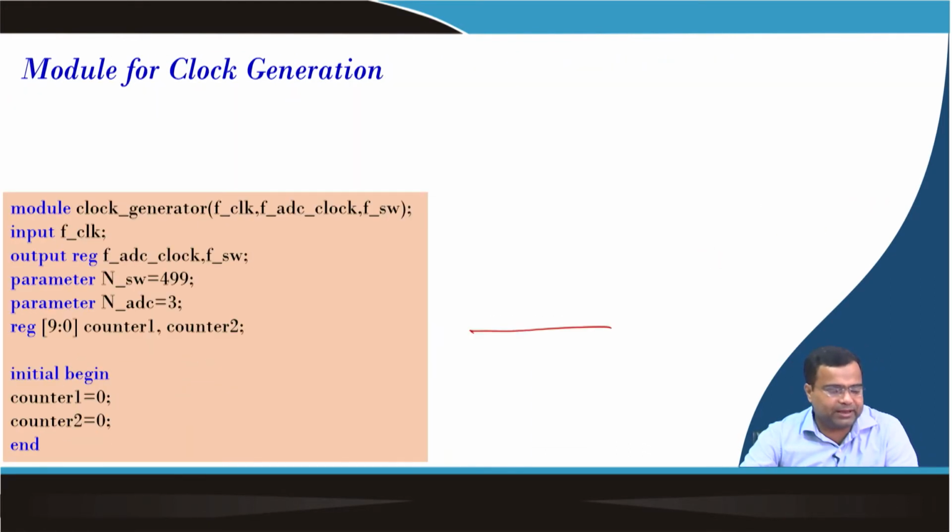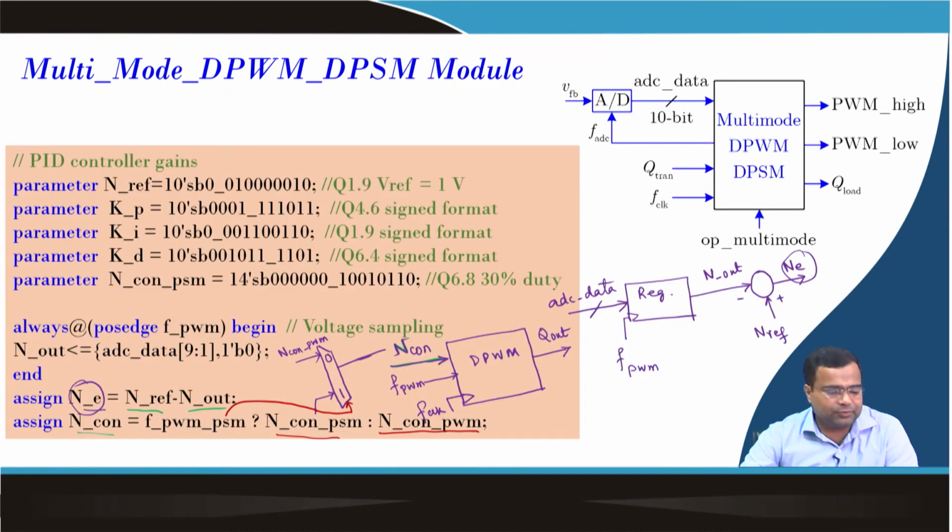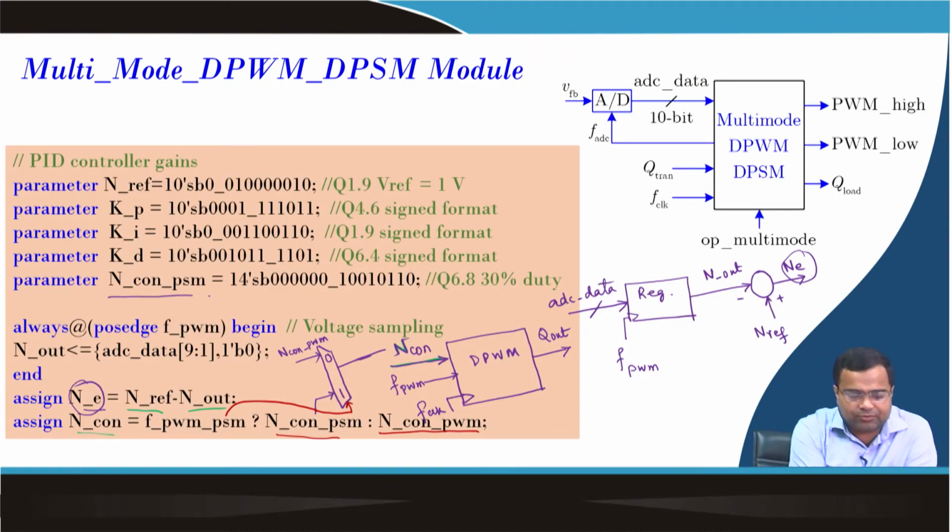If you go to the main module before that, this is the ncon PSM, and you have to match, that means it is totally 14-bit data, the ncon which is the controller output, which is going to this data.